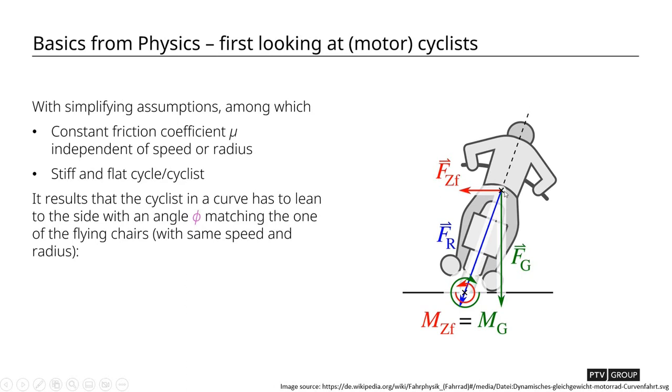But in first approximation, you have the centrifugal force from driving the curve, you have the gravitational force, you imagine both attacking at the center of mass of the driver, and then the sum of the two forces must point to where the wheel touches the ground, and that gives the angle which the driver has to take or has to lean to fall neither to the outer side nor to the ground.